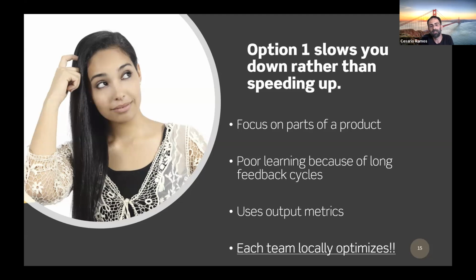And because of that, it's very hard to have a focus on the end customer, very hard to have a focus on end-to-end features. So metrics would be output-based, would be activity-based, which could be good, but it's not the thing we want in an agile, adaptable organization. The key idea is that actually all these teams are locally optimizing. They're doing what's best from an efficiency point, what's best for them locally.